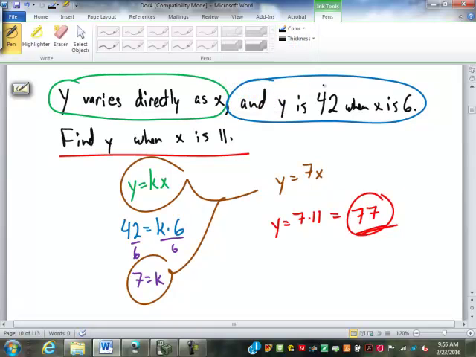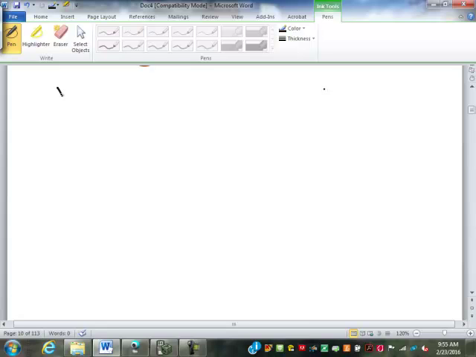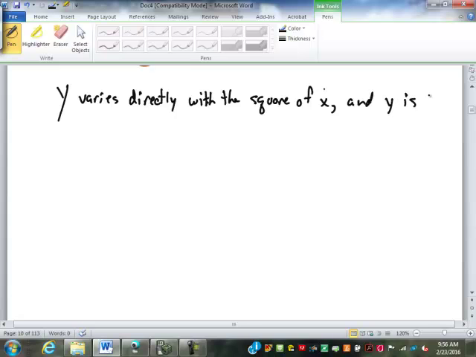Let's spice this up a bit. So here, y varies directly with the square of x.